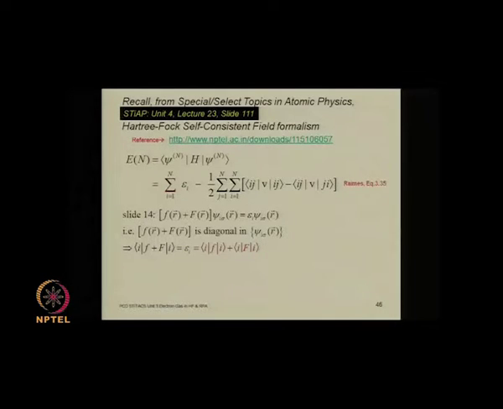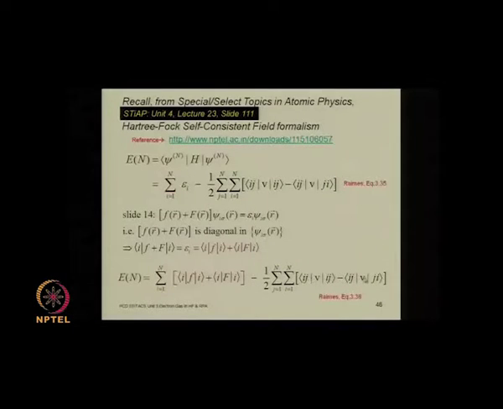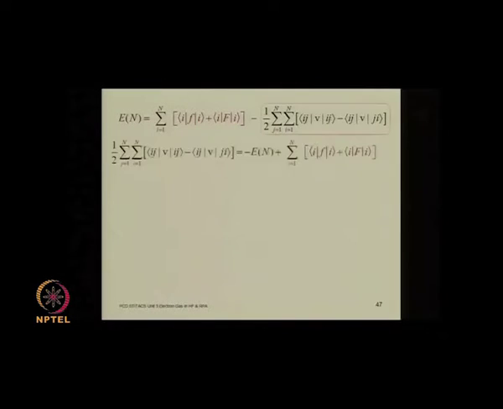So, since f plus F is diagonal in this basis, the energy functional E n becomes the summation over epsilon I, but epsilon I is the sum of these two terms. So, I have got the sum of these two terms, and then you have got the two center terms, which is the Coulomb and the exchange, and then you must sum over I and j both. Normally you would have excluded j equal to I, but now you do not have to, because for I equal to j the Coulomb and the exchange terms cancel each other. So, this is the expression for the energy functional.